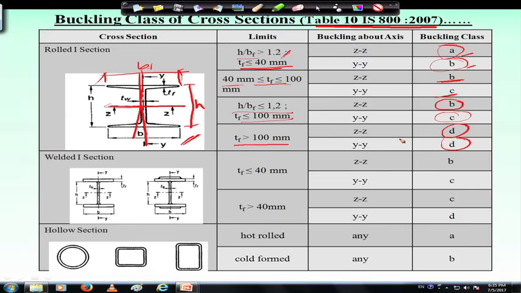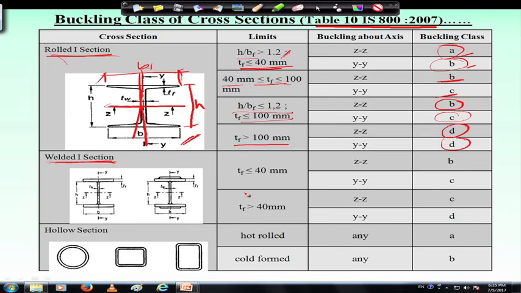So, this is how the buckling classes have been defined by the code, and according to that the imperfection factor has also been mentioned in the code, which will be used while developing the design curve of the column, right. Similarly, for welded I section, this is a rolled I section, this is a welded I section.